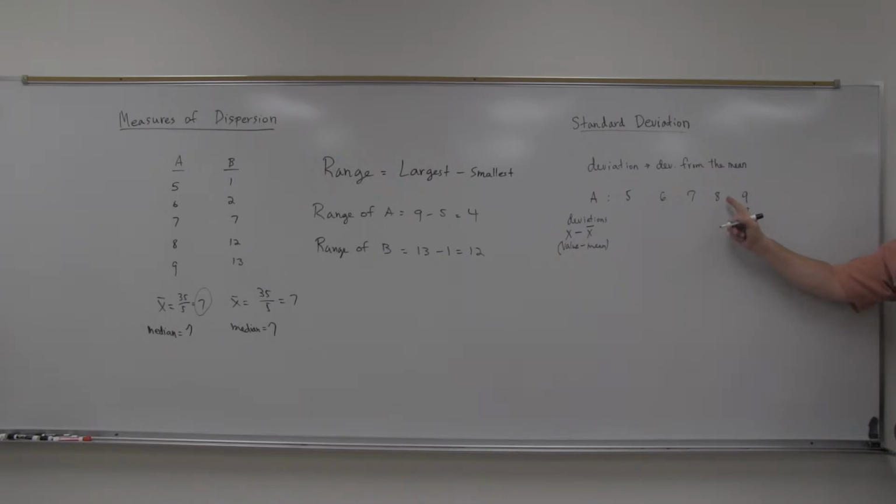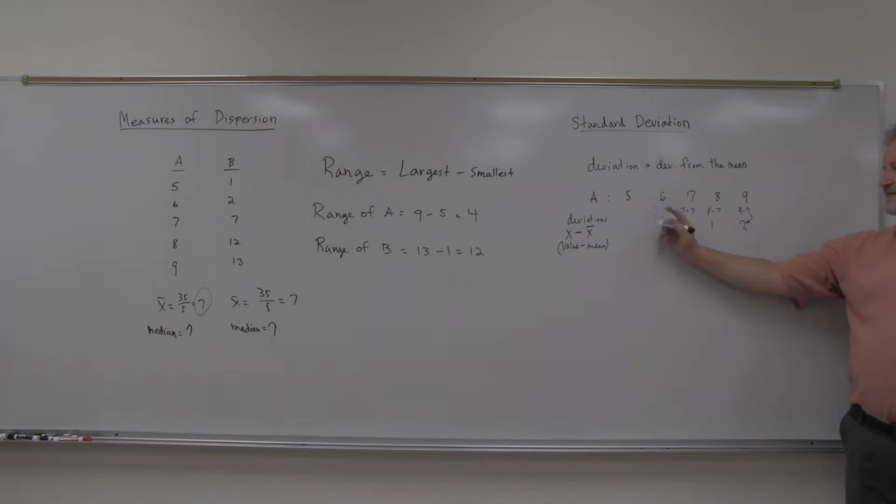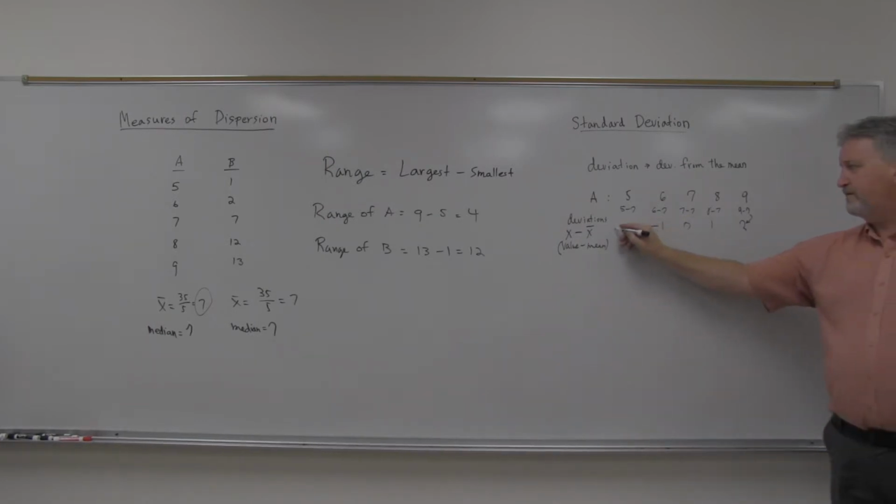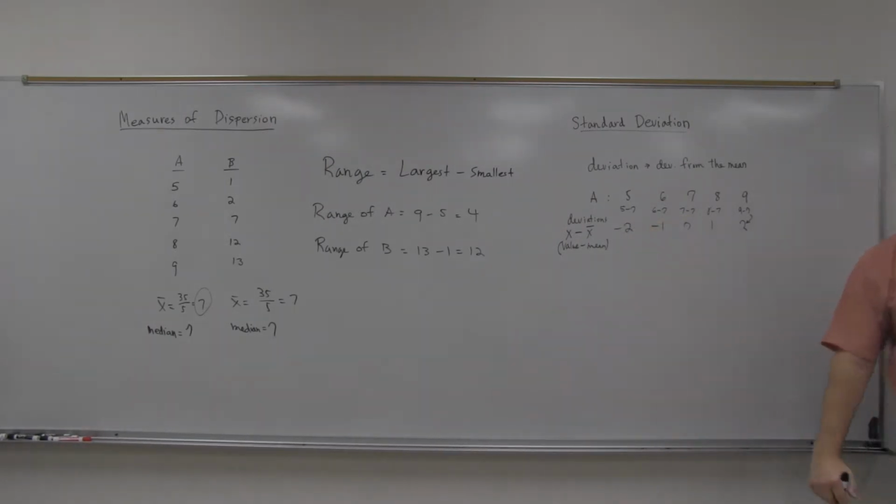Deviation for 8, so you take 8 minus the mean, so 8 minus 7, that's 1. 7 minus 7, well, that's going to be 0, because it is the mean. Deviation 0. Now what happens on 5 and 6? Well, 6 minus 7, you got a negative, right? Negative 1. And 5 minus 7, because you're taking the value minus the mean. The mean's bigger, so you're going to get a negative value for those deviations there.